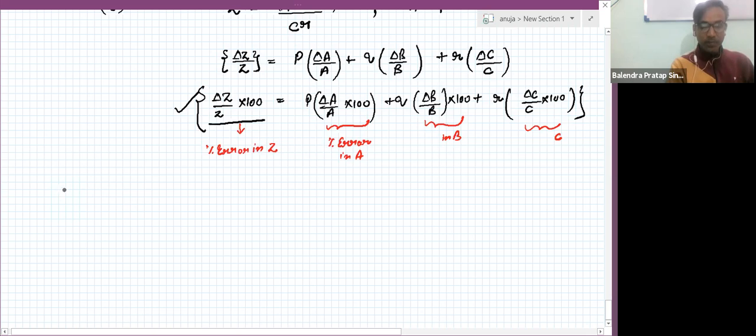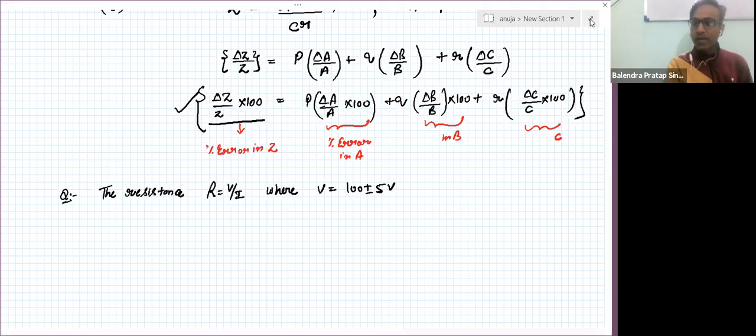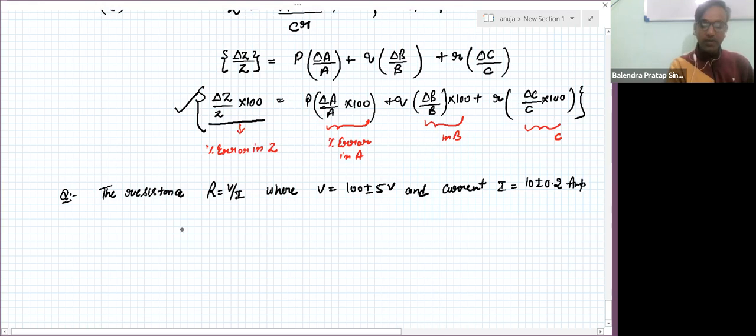The question is: the resistance capital R is equal to V upon I, where the true value of V is equal to 100 plus minus 5 volt, and the current capital I is equal to 10 plus minus 0.2 ampere. Find the percentage error in R.